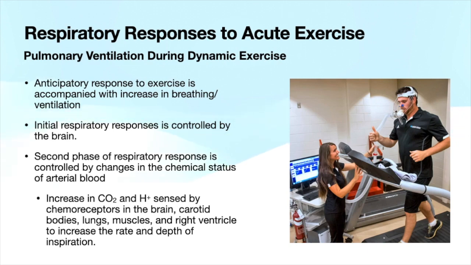So these carbon dioxide and hydrogen need to be unloaded by the body to our venous blood. Since it is detected that there is an increase in carbon dioxide and hydrogen ions in our bloodstream, our body responds by increasing the rate and depth of inspiration, so that these carbon dioxide and hydrogen ions are removed from your body. All right?